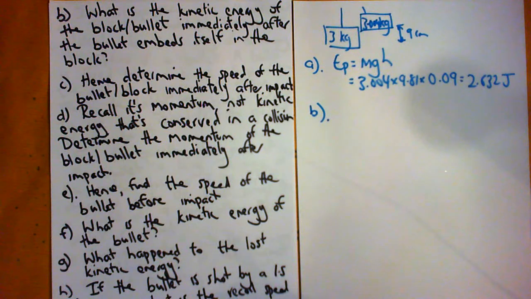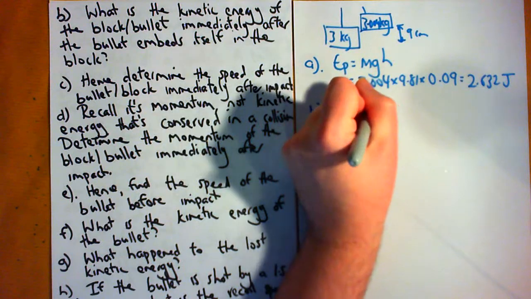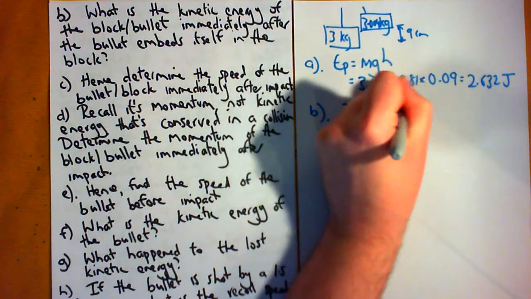So the amount of kinetic energy it has immediately after impact, before it actually starts to ascend, must be the same as the potential energy at the top of the swing. So that must also be 2.632 joules.